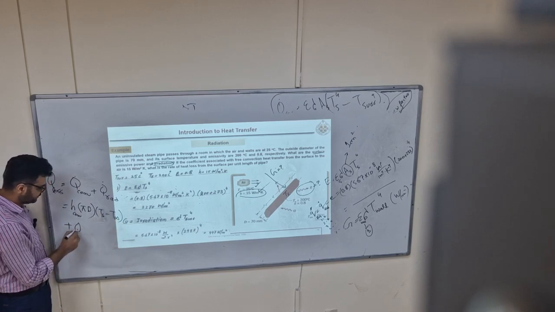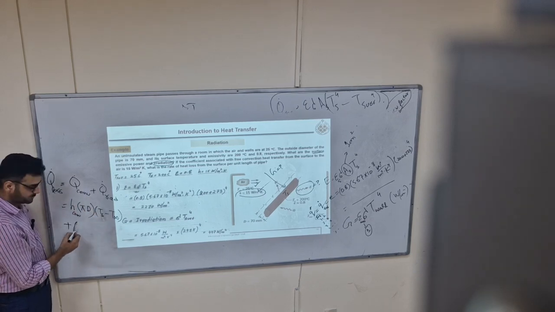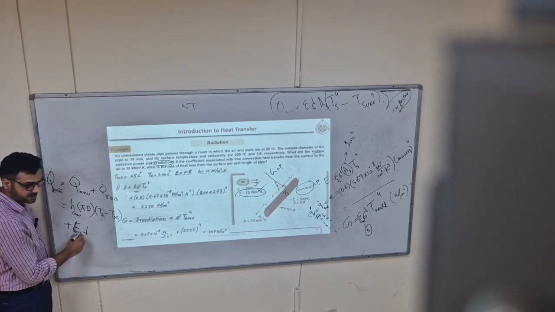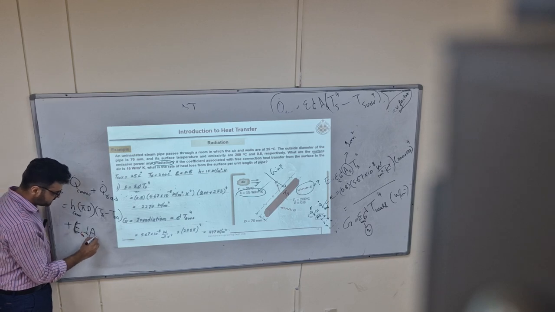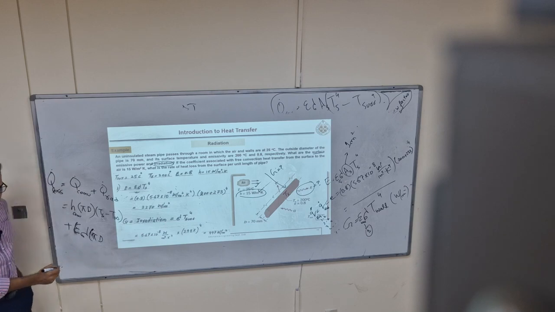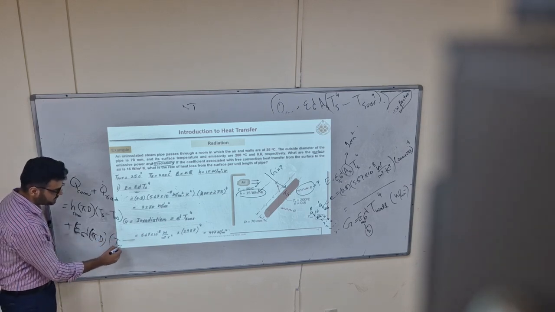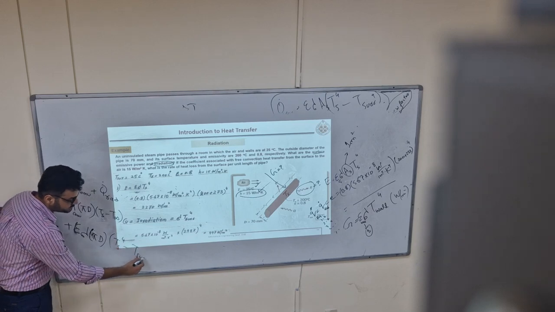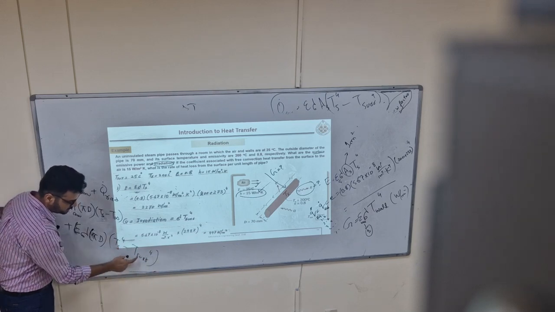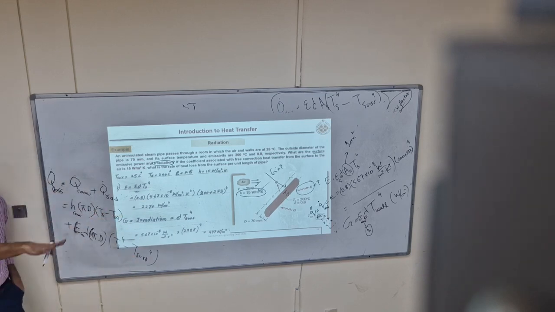The second, radiative part is now between two bodies. Epsilon sigma times the area of the surface, which is again pi d per unit length, multiplied by Ts to the power 4 minus T surrounding to the power 4. T surrounding and T air can be different. Here in this question, those are the same.